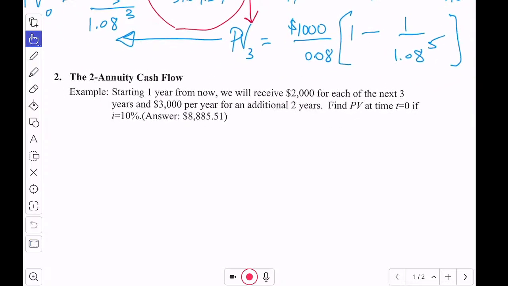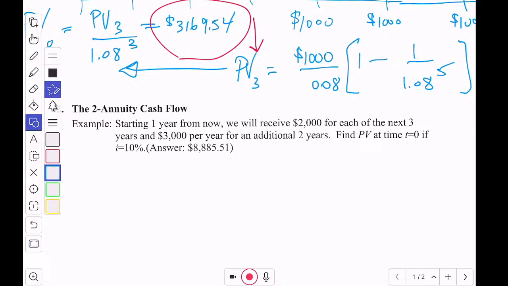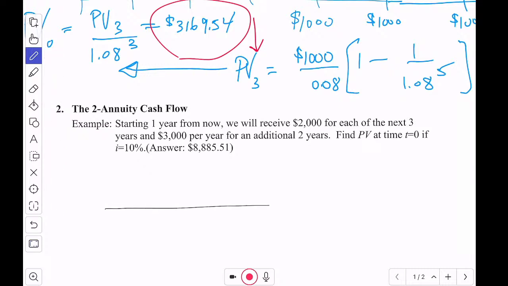Starting 1 year from now, we will receive $2,000 for each of the next 3 years and $3,000 for 2 more years. All right, let's make a straight line using this. I'm going to make a straight line. That didn't work.